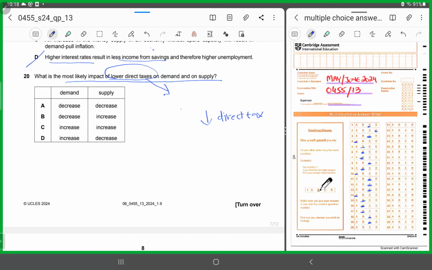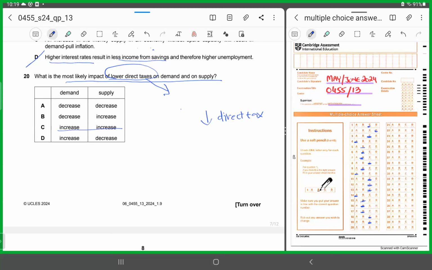So once a government has slashed down the rates of income tax, what do you think should be the impact on demand and supply? Should the demand increase or decrease, and should the supply increase or decrease? Yes, very simple. The demand should increase and the supply should also increase. Why? Because when you are reducing direct taxes, you are giving individuals and firms the ability to spend more.